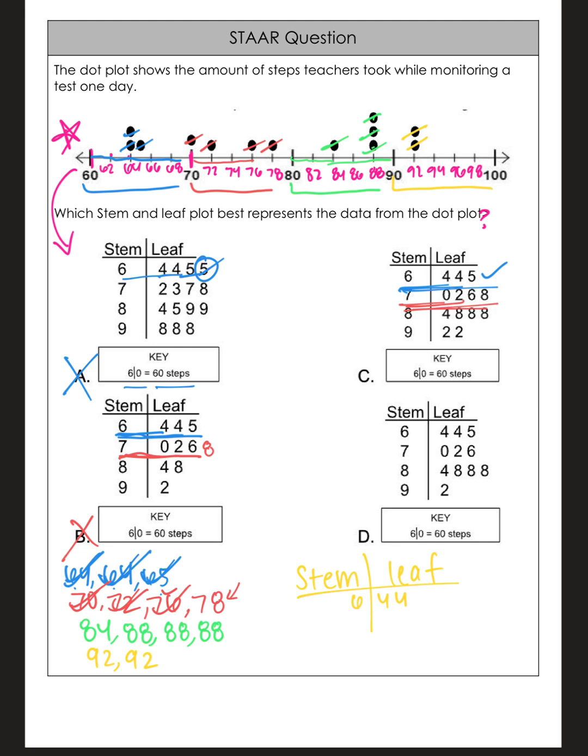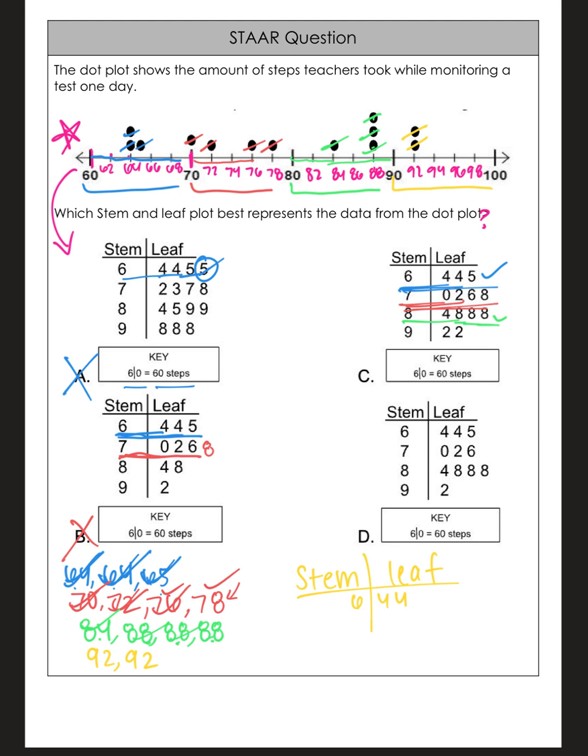And 78. All right, our 70s were good, but we need to make sure that it's true for our 80s. Are our 80s correct? The first one is 84, so 84 is good. Next one is 88, but I see it 1, 2, 3 times, so I should have 1, 2, 3. Looks like our 80s are correct because we don't have any more, so we got all these down.